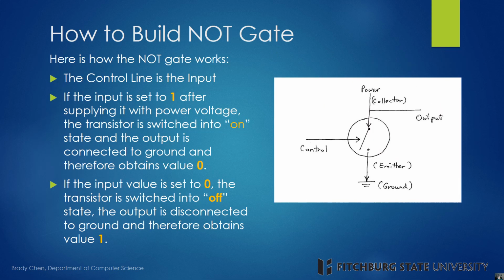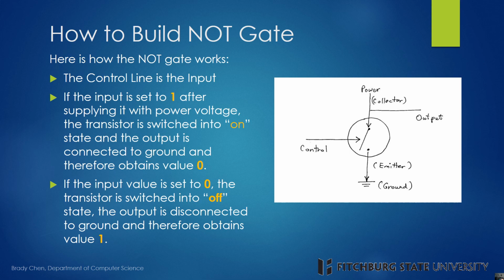So now let's talk about how to build these gates. The first thing we want to talk about is how to build a NOT gate, because that's the easiest gate. There's only 1 input and 1 output. Remember, for the transistor, the control line controls the on and off of the transistor.